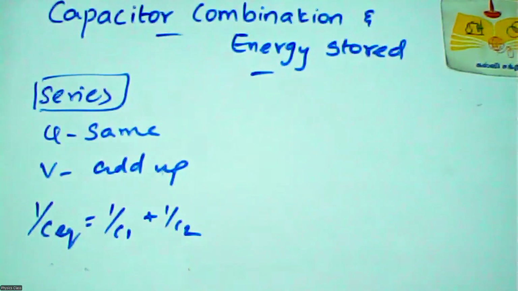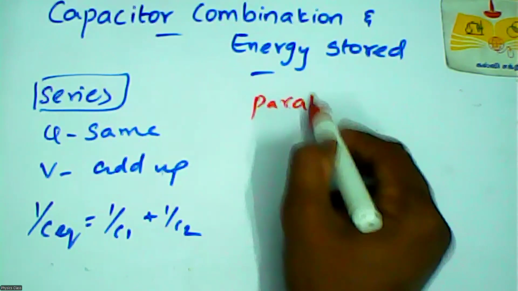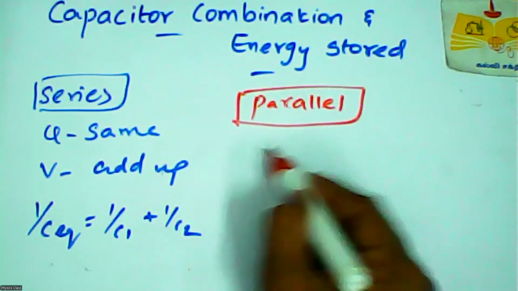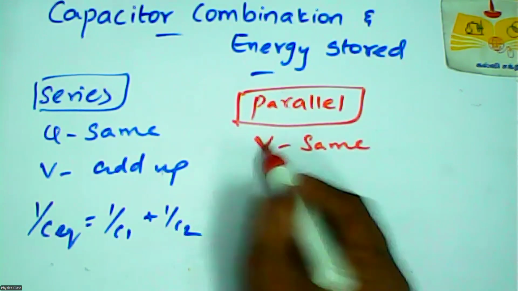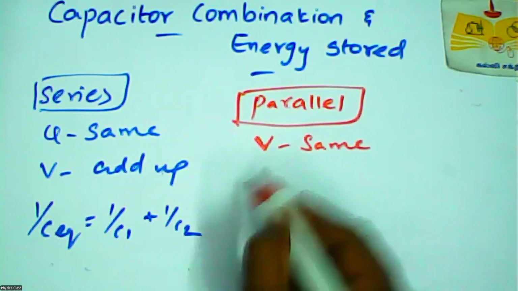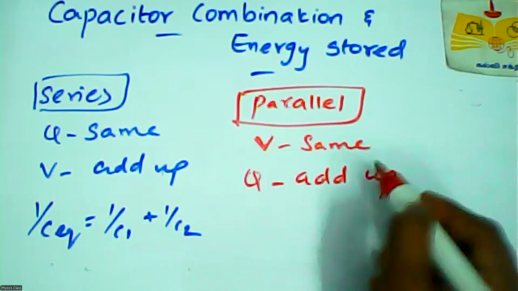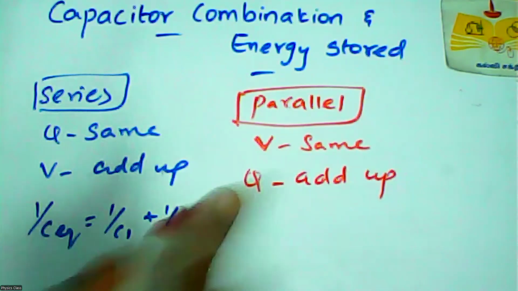For parallel connection, voltage is same, charges add up, and we use the direct sum.